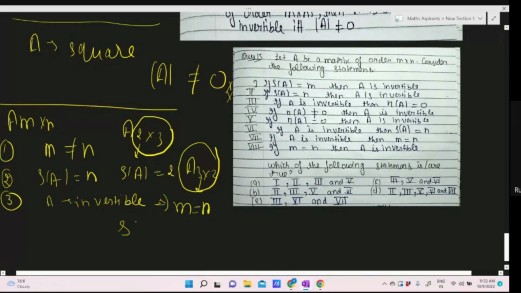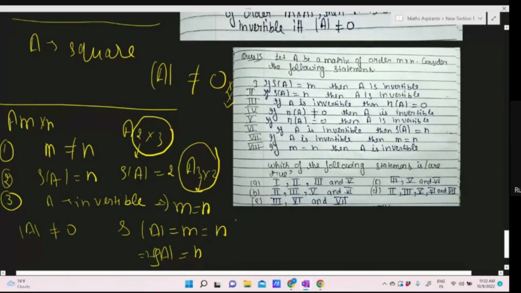And if the matrix is invertible, then we have determinant of A is non-zero. That is, rank of A must be equal to m and must be equal to n. Therefore, the rank of A is equal to n. If rank of A is n, then from the rank nullity theorem, you can easily see that the nullity of A is 0. So option number 3 is the correct option.